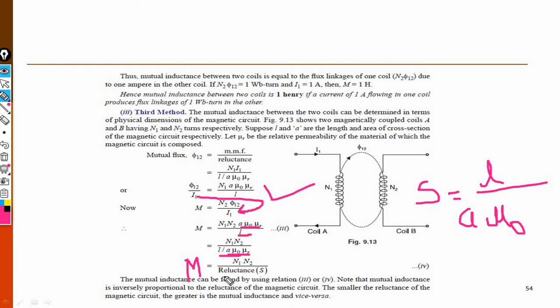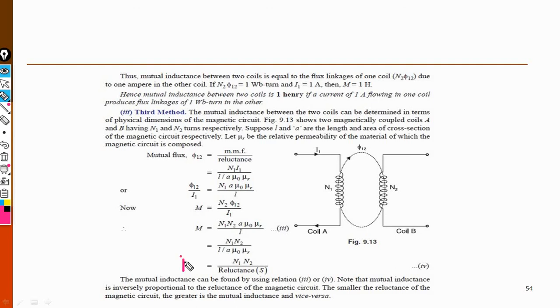That means M is equal to N1 N2, and we put the reluctance formula S. Then in the third method we calculate mutual inductance as M is equal to N1 N2 upon reluctance S. Now this is the third method to calculate mutual inductance.